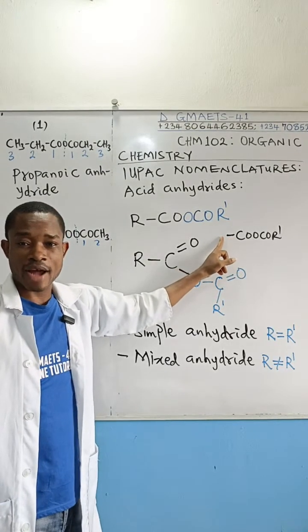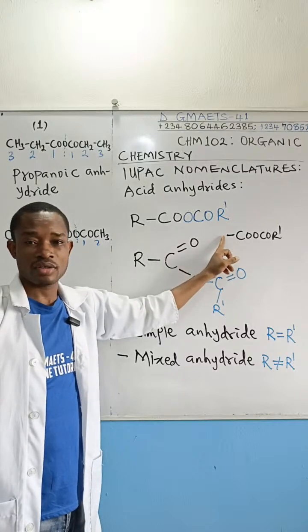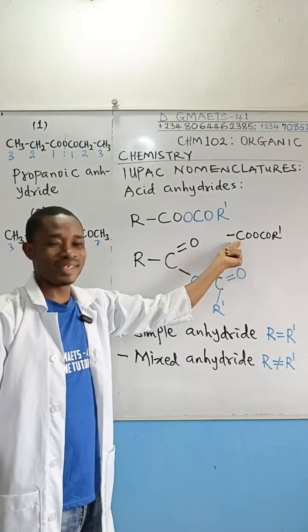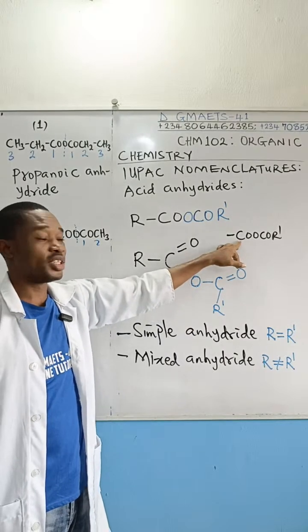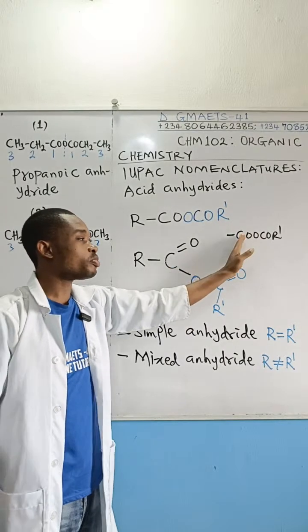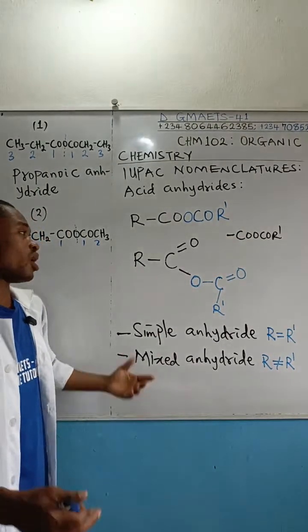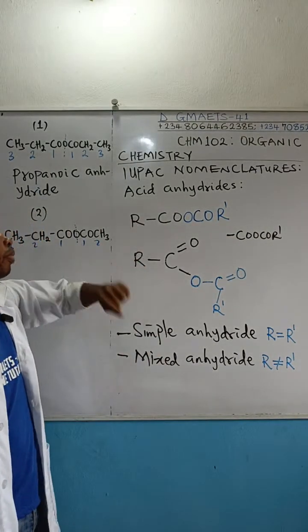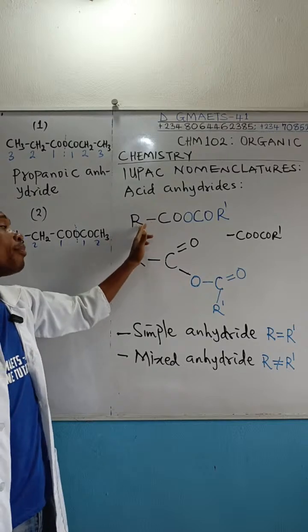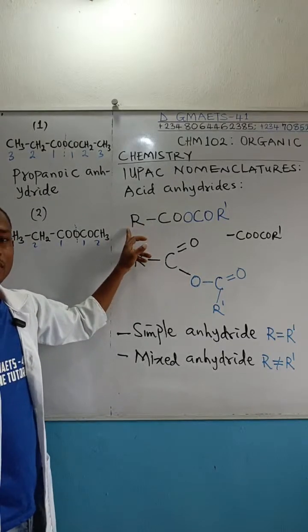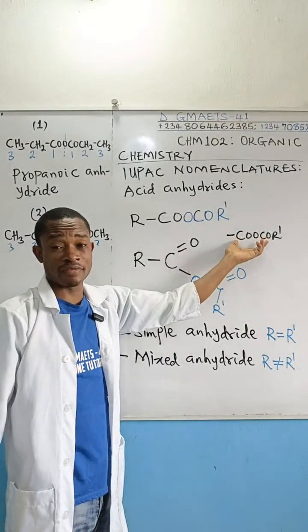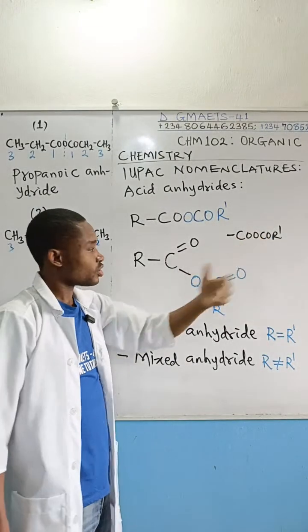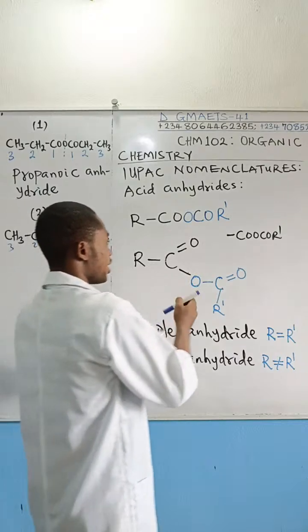Where in that case, this part will be metanoic. If you have hydrogen here with this carbon, then this part will be metanoic. So what I'm trying to say in essence is that hydrogen can also fit in. So the functional group properly is even of this form. So you take note of that. Let me write all.